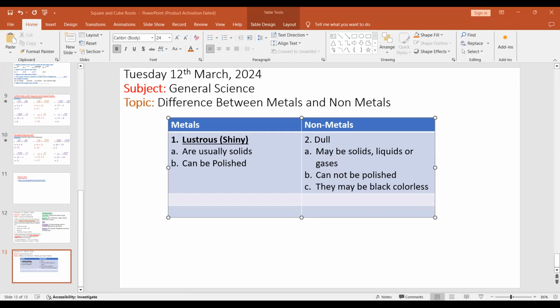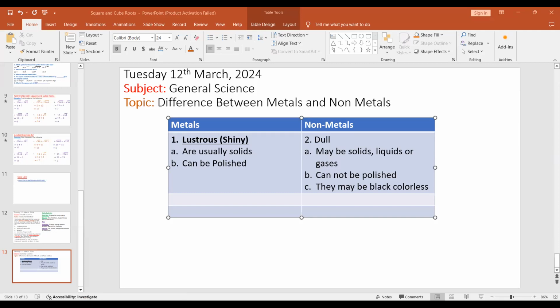Carbon comes in various forms: graphite is a form of carbon, and then you have diamond. So it's still the same element, carbon. So luster means that they're shiny.